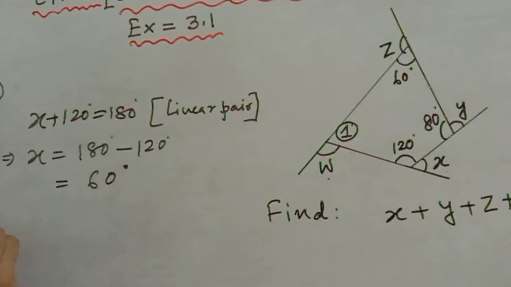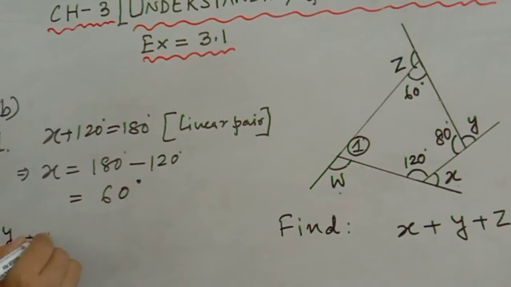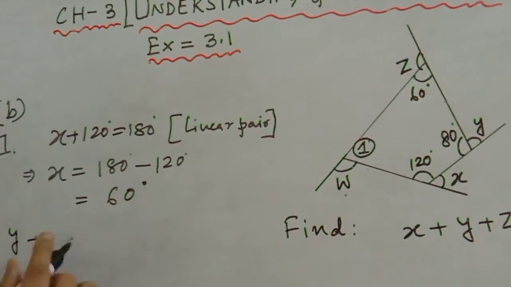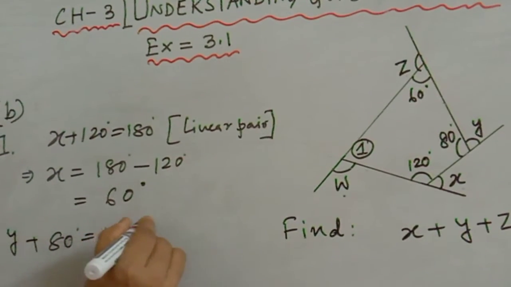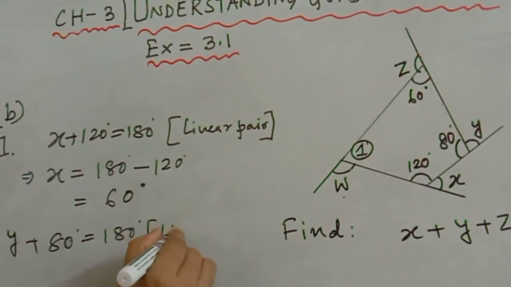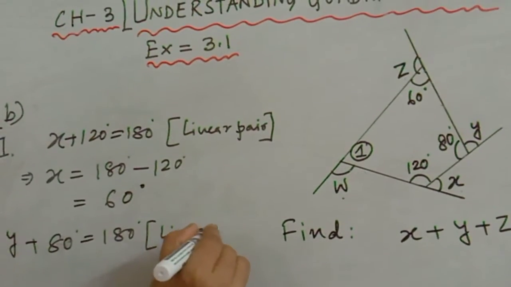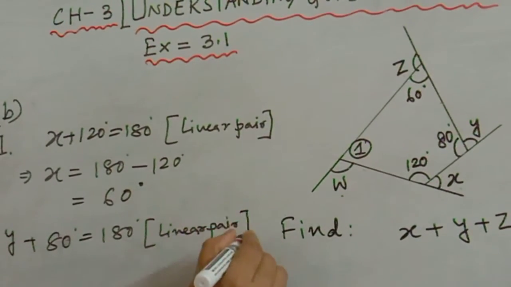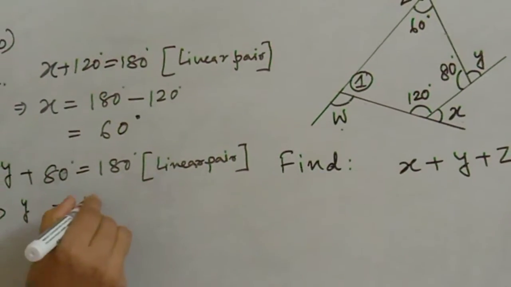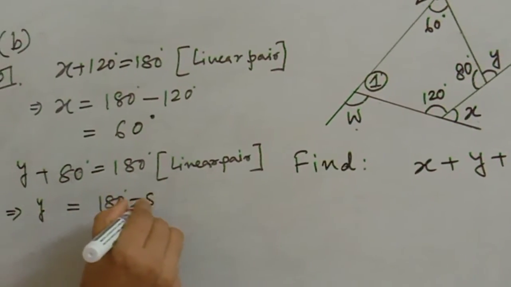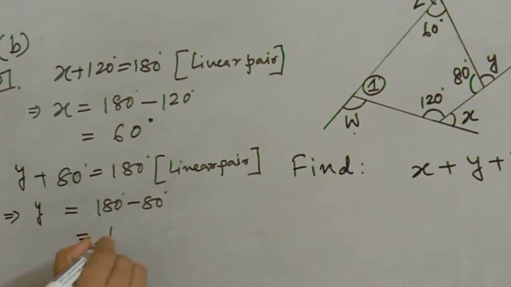Now y plus 80 degree is equal to 180 degree, linear pair. Y is equal to 180 minus 80, that is 100 degree.